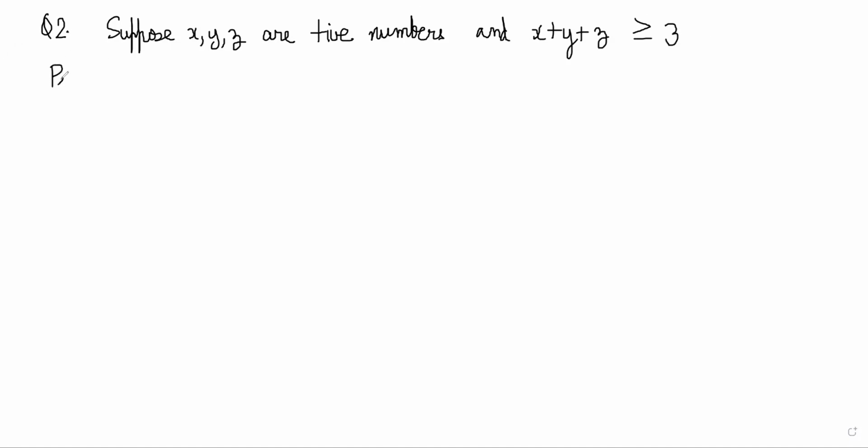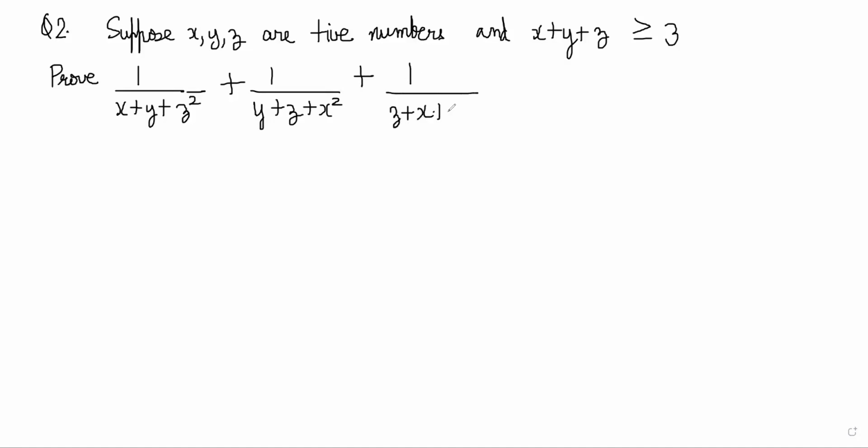We have to prove that 1 by x plus y plus z square plus 1 by y plus z plus x square plus 1 by z plus x plus y square is less than or equal to 1. We have to prove this one.